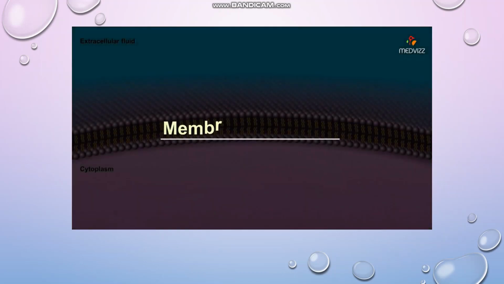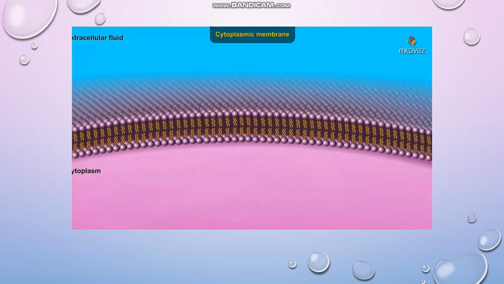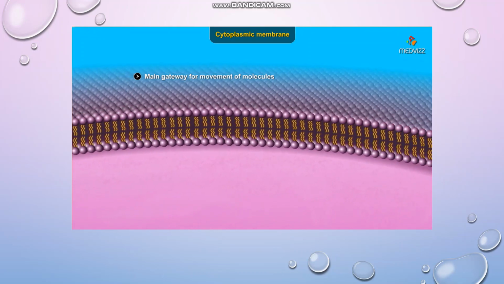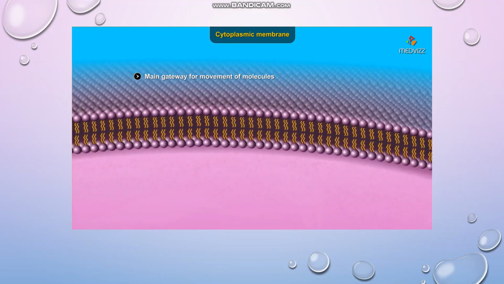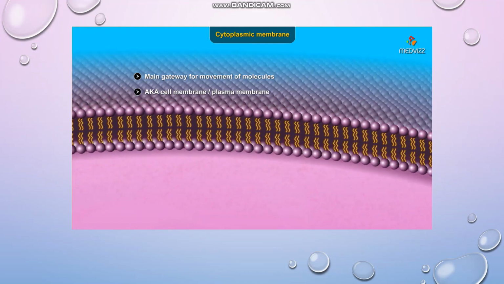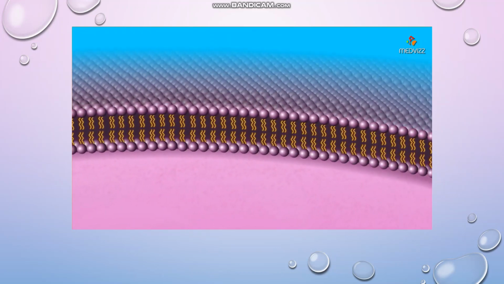So here I have attached one video for simplicity on the structure of the plasma membrane. So this is showing the phospholipid bilayer with its heads and tails.